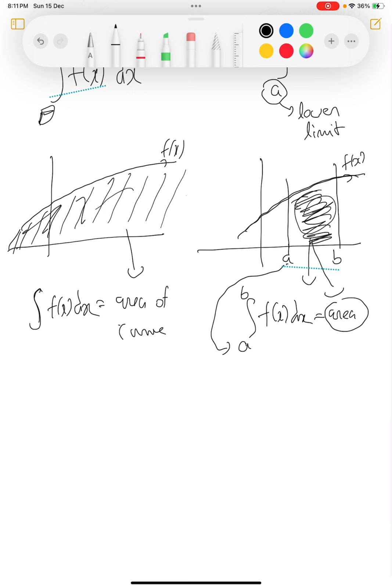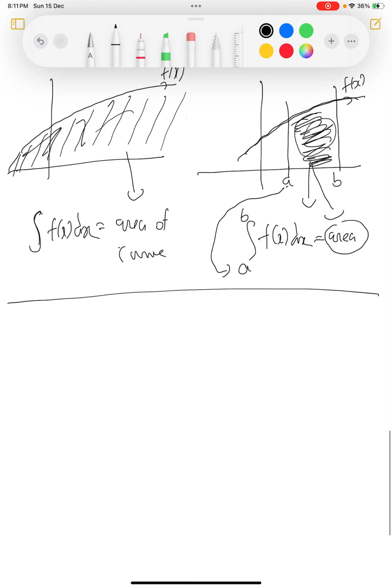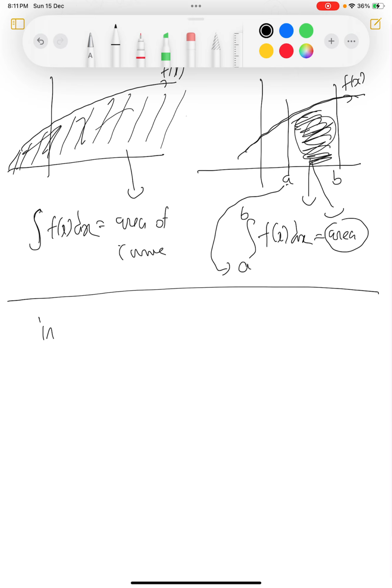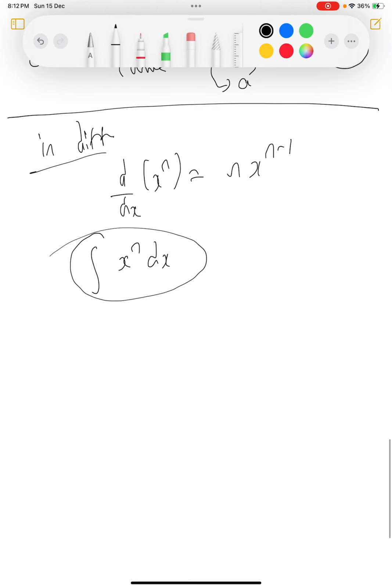Now let's go through some basic formulas that we should know. In differentiation, we know the derivative of x raised to power n is n x raised to n minus 1. Now I want to find the integration of x raised to power n dx. So how to find this? Let's understand the problem again.